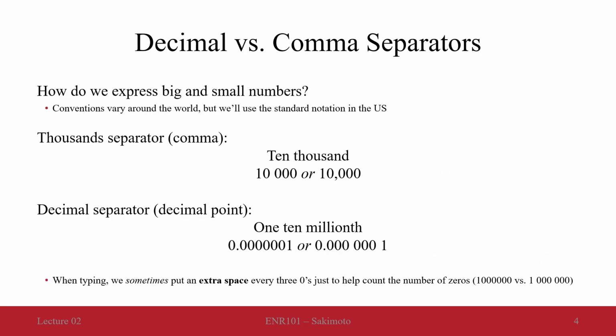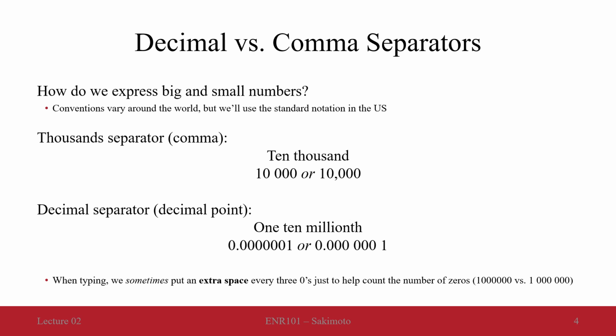One little note that may be necessary for some of us. Depending on where you were trained and grew up and learned math, you may have learned different conventions, different rules for how we express very, very big and very, very small numbers. It's not quite an East versus West, North versus South, Europe versus South America type thing.